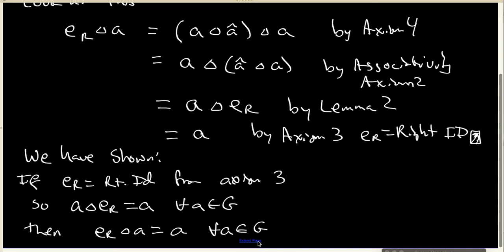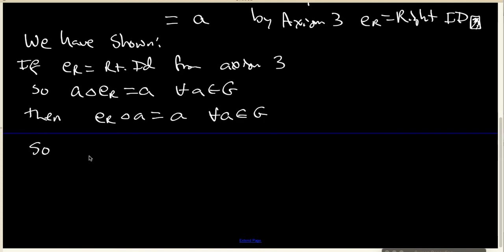But now think about what that means. So ER is now a two-sided identity element.